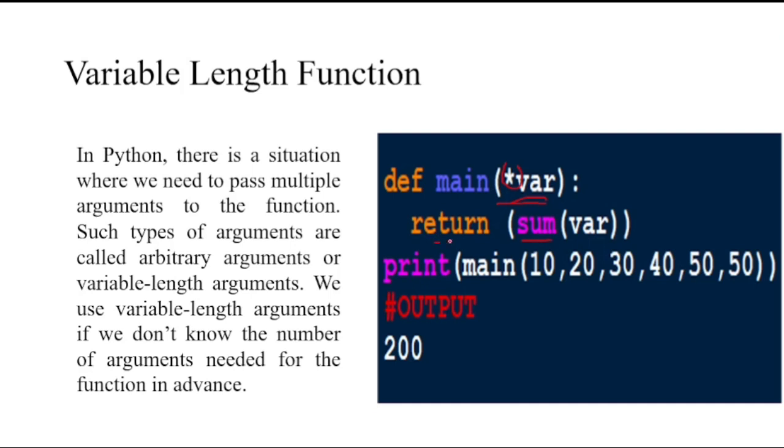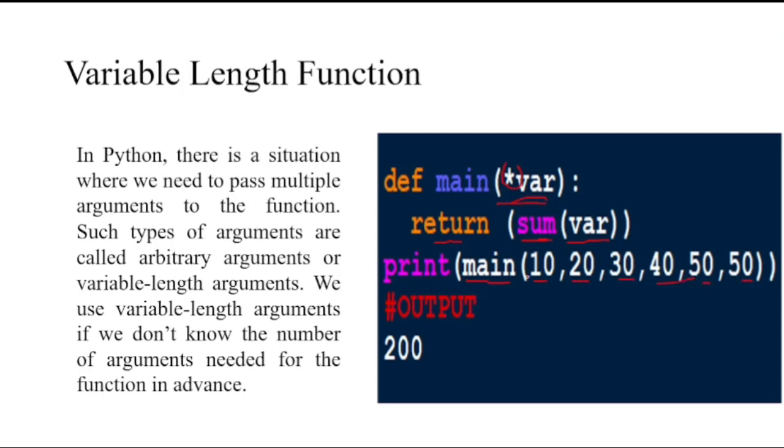So we have return sum, which is a default method in Python that is used to get the sum of the values. So we call our function, and then we input any length of the values that we need to sum, right?